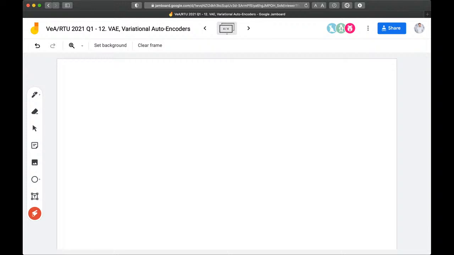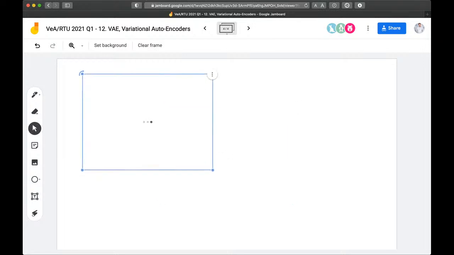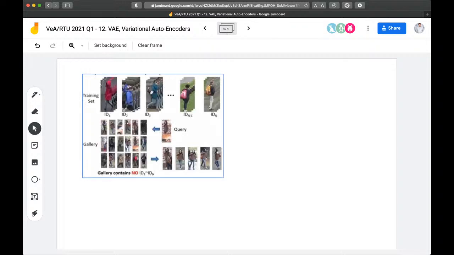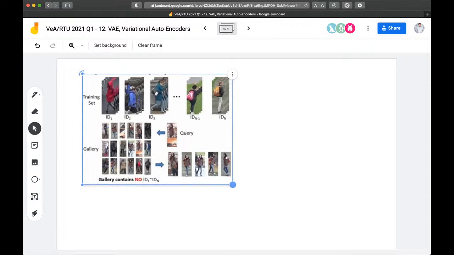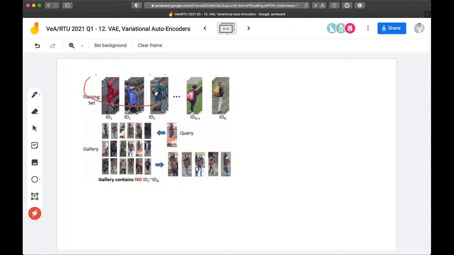But before we go to the loss function, let's look at one other very exciting property of this kind of model. Here there are examples where you can use the pre-trained model. So if you train a model on images of people, like there are datasets with all sorts of CCTV cameras and stuff, for example you have the training dataset, with people with IDs and stuff like that, and then you have some other dataset that is not in the training, so it's not related to the training, and then you have another sample to query for.